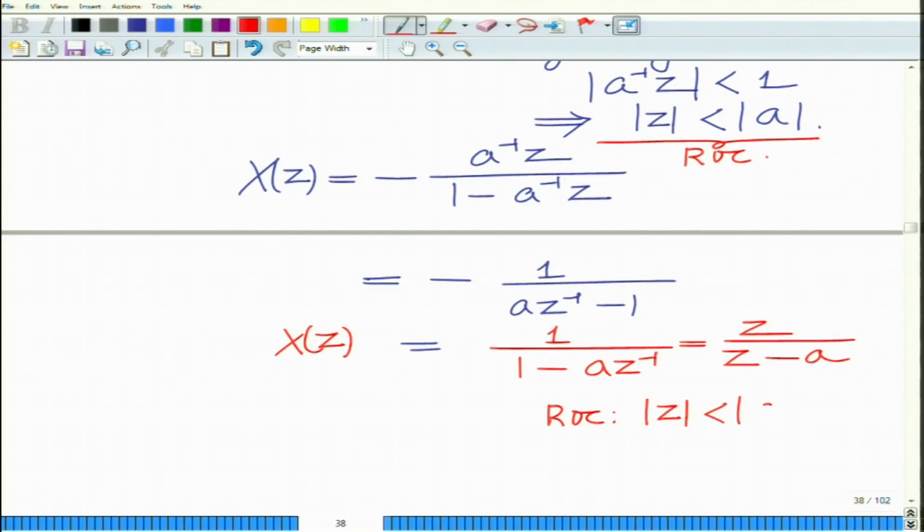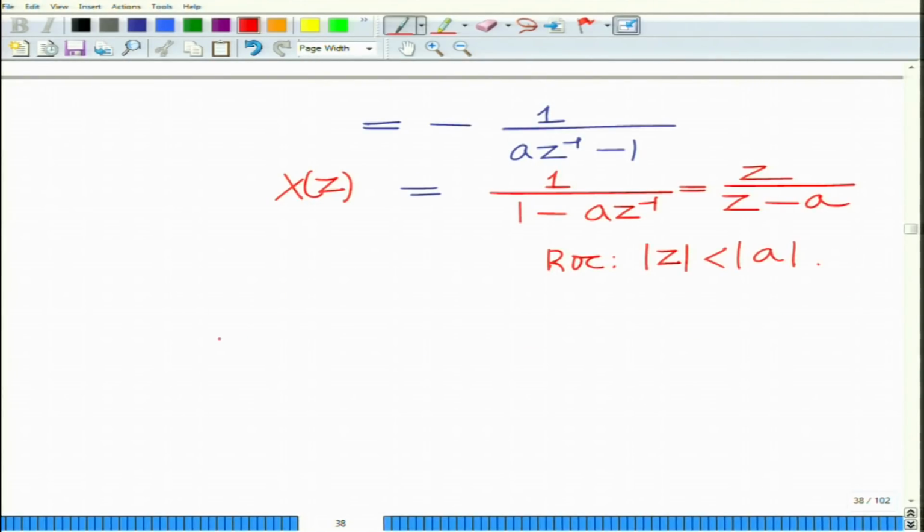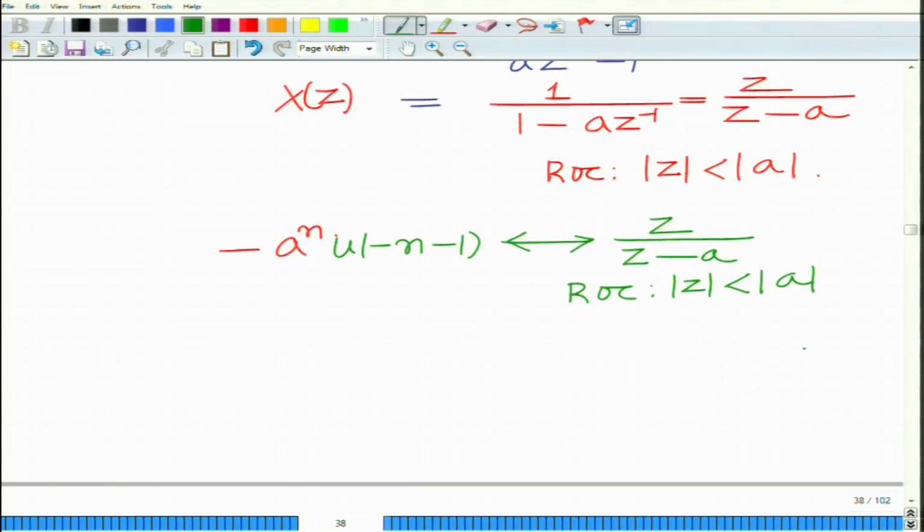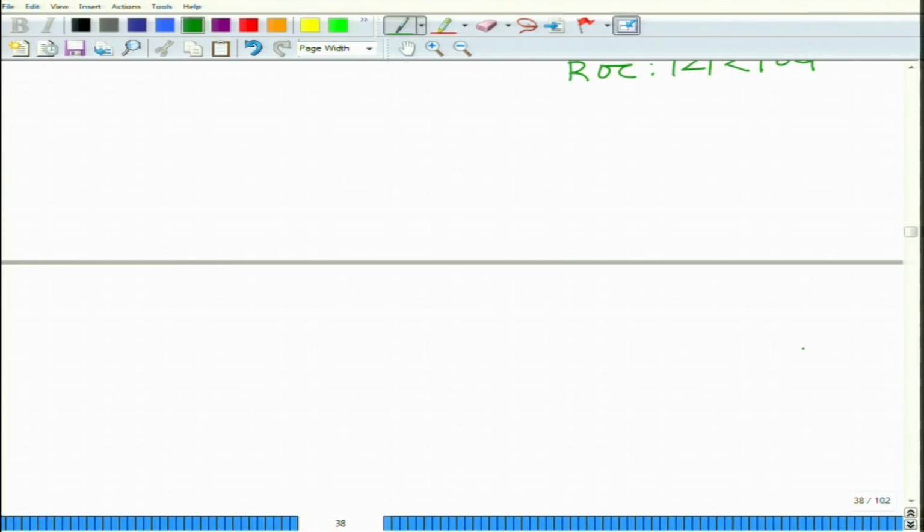So, for this signal x[n] equals minus a^n u[-n-1], it also has the Z transform z over z minus a, but the ROC is magnitude z less than magnitude a, and therefore, the ROC of this left handed signal is magnitude z less than magnitude a.